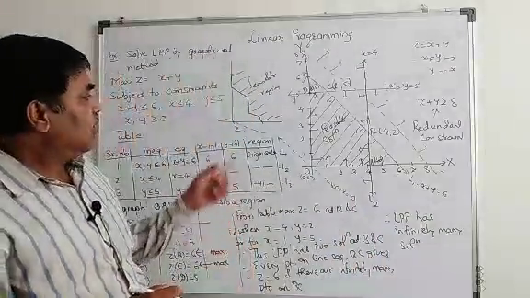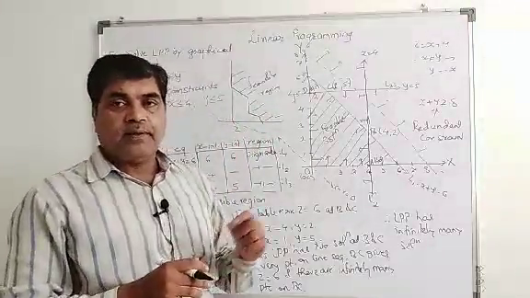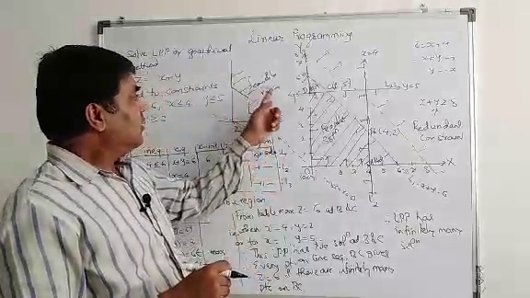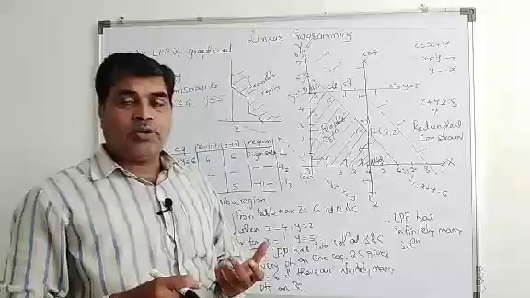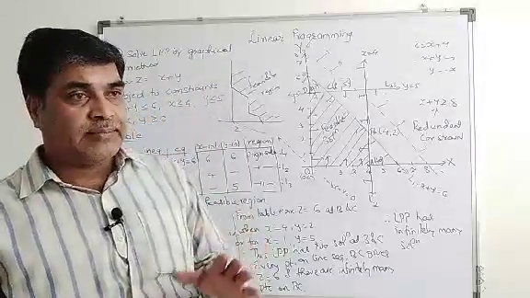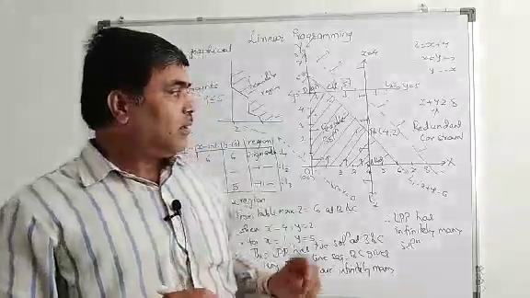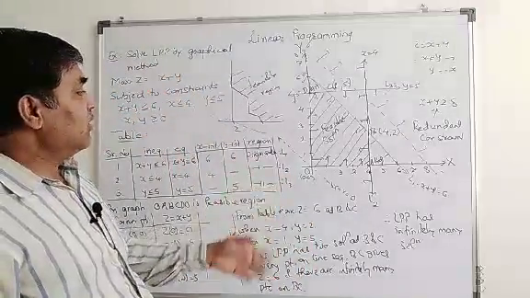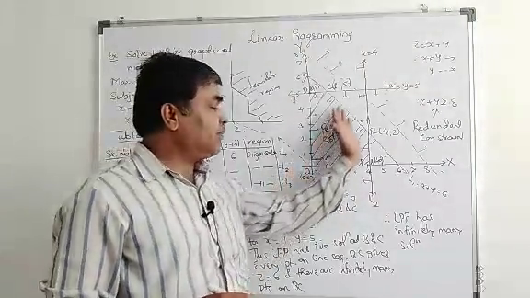So we have cases: the given problem has a unique solution, infinitely many solutions, no solution, or an unbounded solution. So go through all the examples and solve them. While solving any example, always look towards the concept of redundant constraint, try to draw the line of Z and pull it in the feasible region.